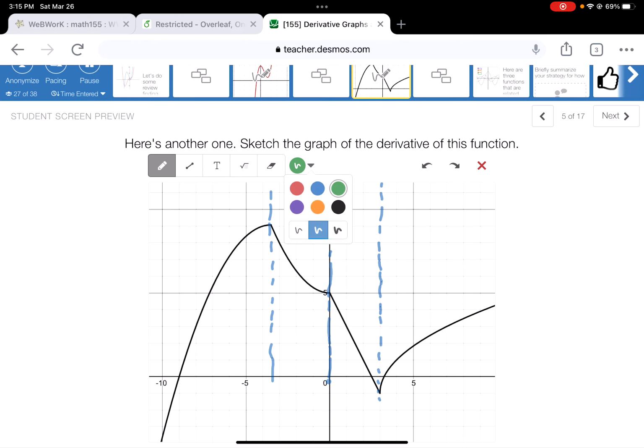Well, if we look at the original function, I have a positive slope, and it looks like I kind of approach 0. So if I want to graph a derivative, I had better begin with positive y values, and I had better approach 0. You might think it looks like your slope is a little above 0 here, and that's fine. You can put an open circle up here. Wherever it looks to you like this slope is approaching, that's the y value I want to approach.